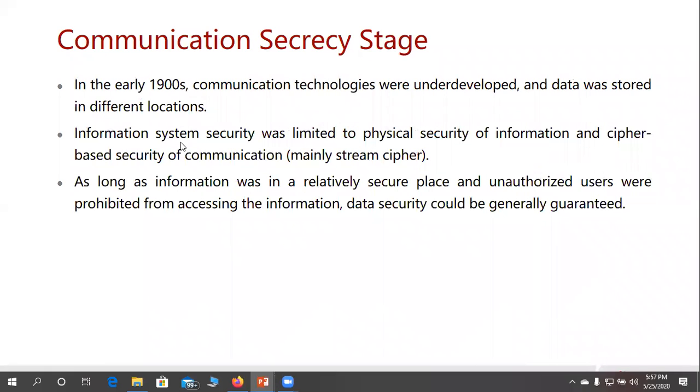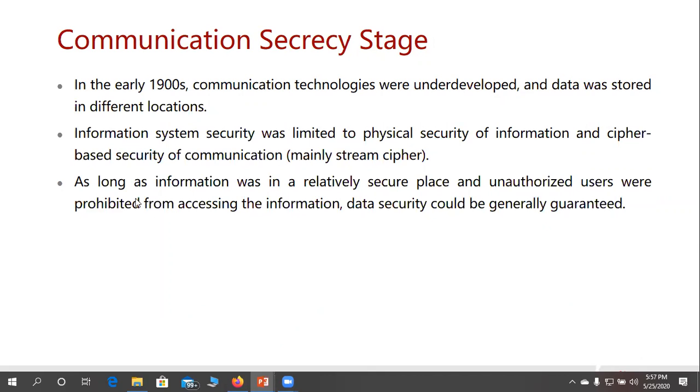All right, so this is the communication secrecy stage. I've talked about this already. This is in the early 1900s, where communication technologies were underdeveloped, and data was stored in different locations. So information system security was limited to physical security of information and cipher-based security of communication.